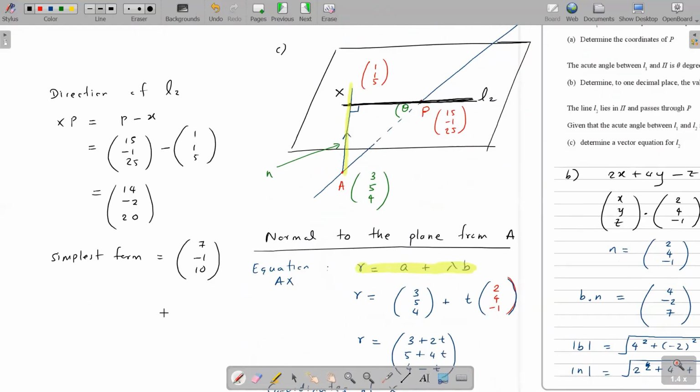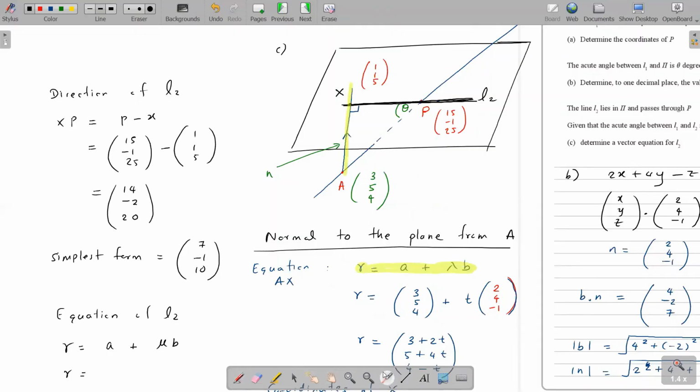And then let's get the equation of line 2. r equals A plus a multiple of the direction vector, but use a different parameter. Lambda was used for line 1, and t was used for the AX line, so we will use mu. So what is A?